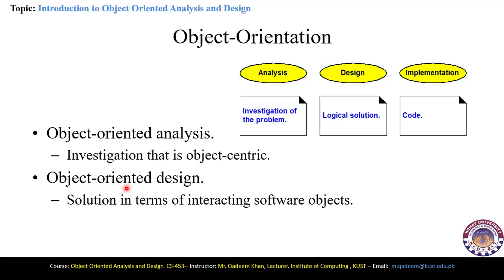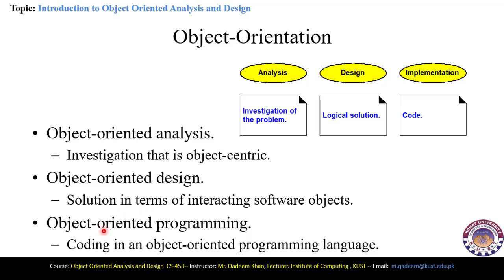So here the solution will be represented in the form of interacting software objects. These objects will interact with each other. In other words, these steps will give us Unified Modeling Language patterns. So UML will provide us different representations of the object-oriented system in terms of design.